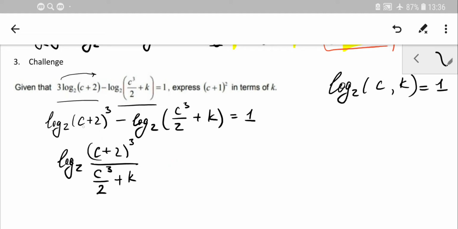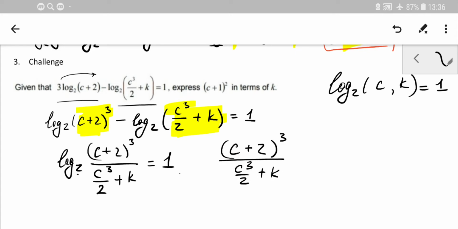According to the property, we simply divide the internal parts of the two logs by each other, and hence we'll get 1. Next, we take 2 and raise it to the power 1, and hence we'll get (c plus 2) cubed over c cubed over (2 plus k) equals 2.